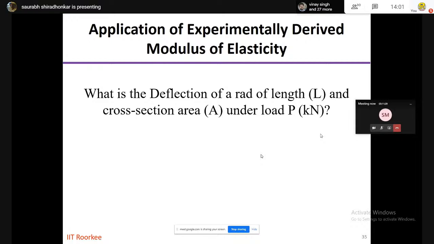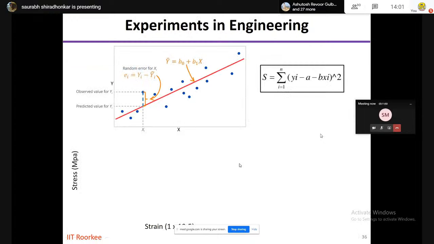Because again, the modulus of elasticity is not the actual value that I'll be using. So how do we estimate that? This formula, which we all know for axial deformation, will it give me a single value or different values if your value of E is not fixed? That is the question that needs to be answered.